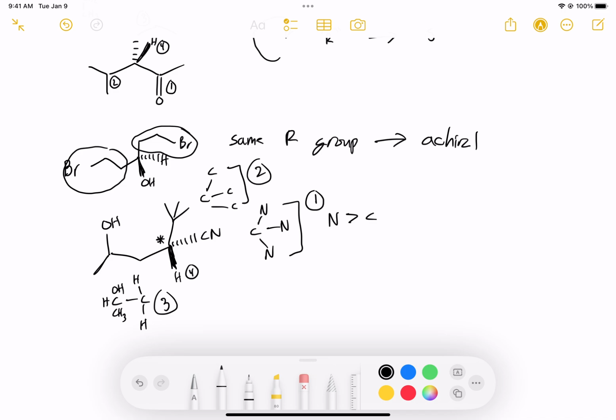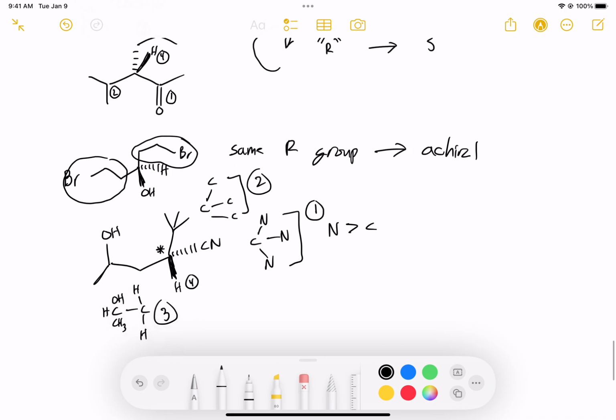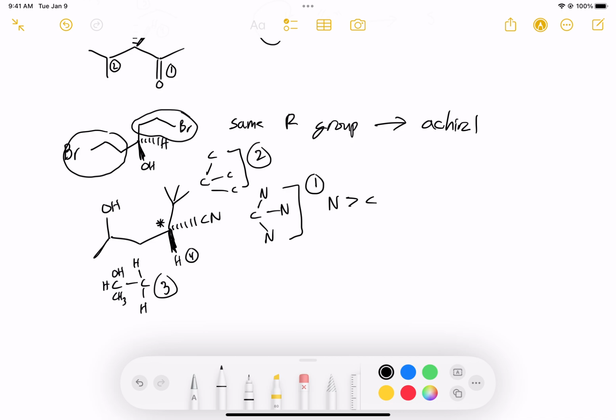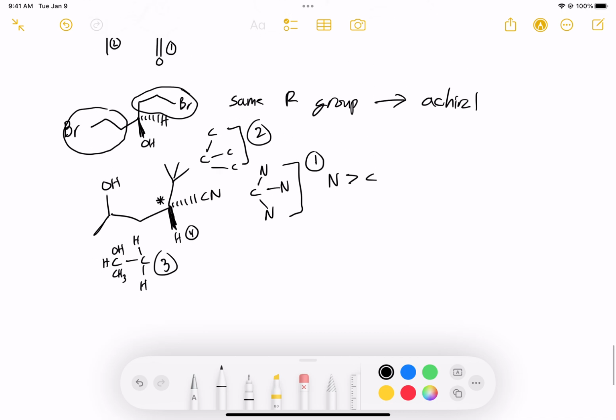Okay, so the point of first difference. It's a very organized system of listing priorities. So we're always given the right enantiomer. That's just a nice way of determining whether we have this enantiomer or the other one. Okay, so if we do it that way, we say 1, 2, 3.